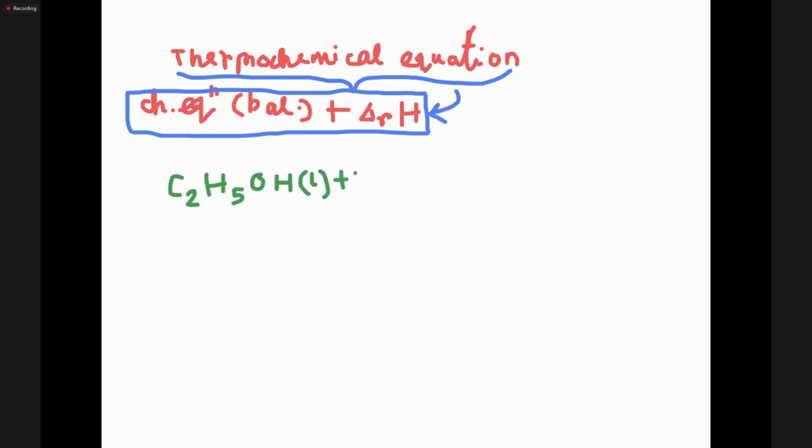And if it is burnt in oxygen, 3 O2, it produces 2 moles of CO2. Oxygen is a gas, and that's why the physical state is mentioned as g. 2 CO2 gas plus 3 H2O liquid, since water is liquid at room temperature.